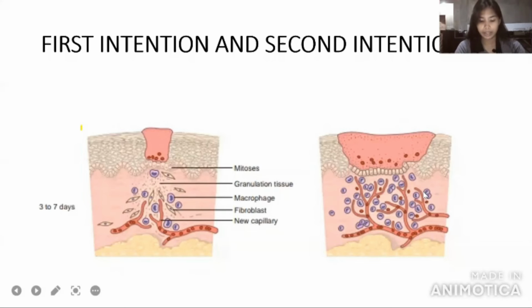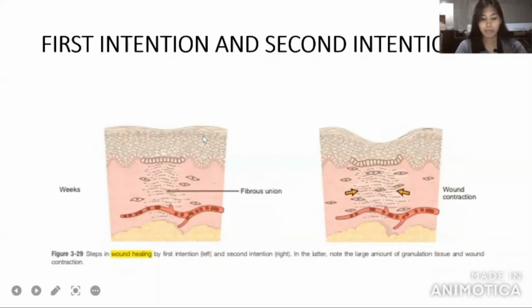The larger defects have larger granulation tissue, so large amounts of granulation tissue form in the same 3 to 7 days. Also, the blood vessels are larger than in the first intention. Within a week, in the first intention, neovascularization reaches its peak as granulation tissue fills the incisional space. These new vessels are leaky, allowing the passage of plasma proteins and fluids into the extravascular space.